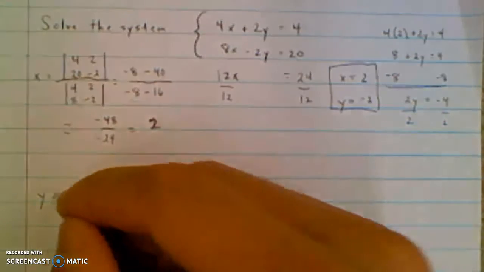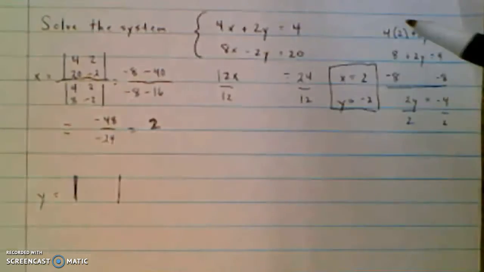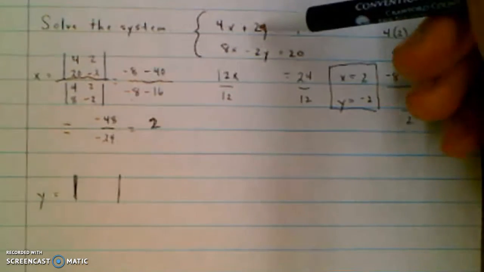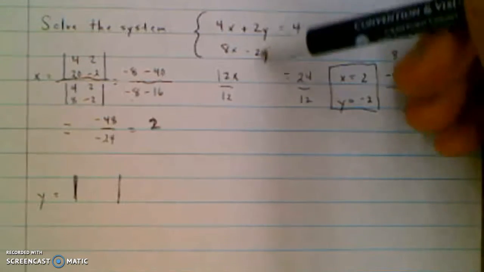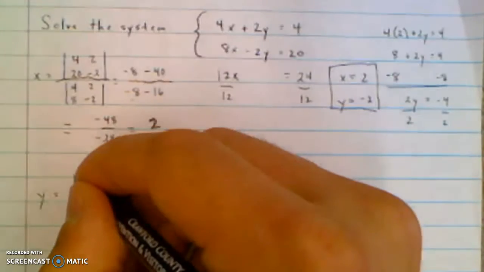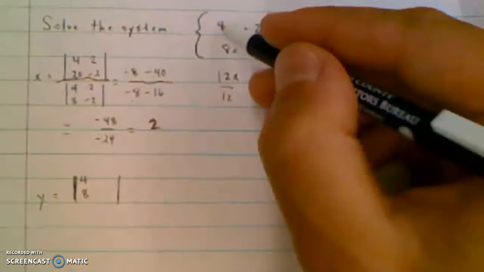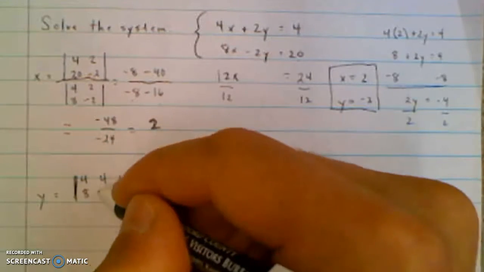Alright, very similar process with y. However, this time with our matrix, we're going to keep the x column and replace the y column with the constant column. So keep 4 and 8, replace 2 and negative 2 with 4 and 20.